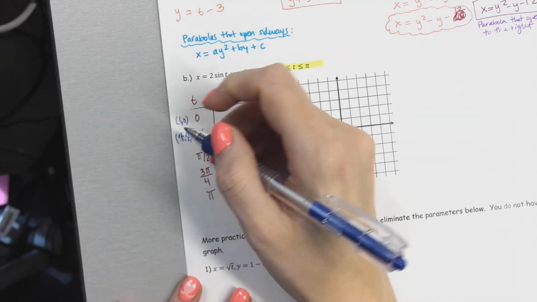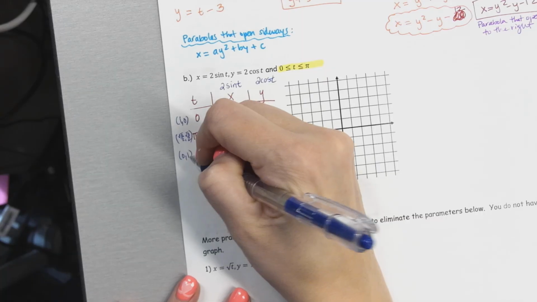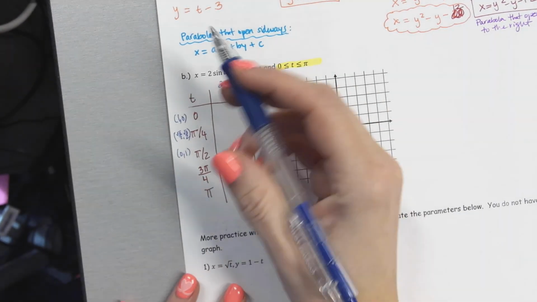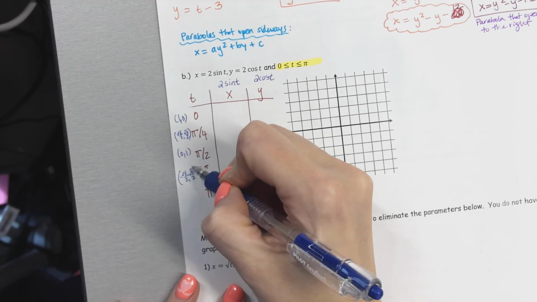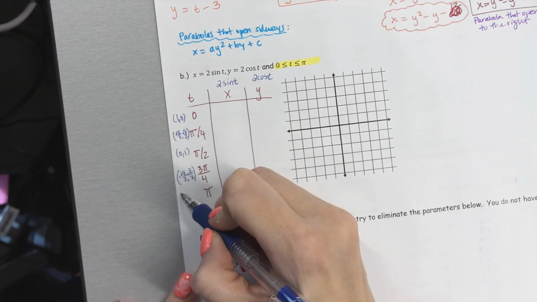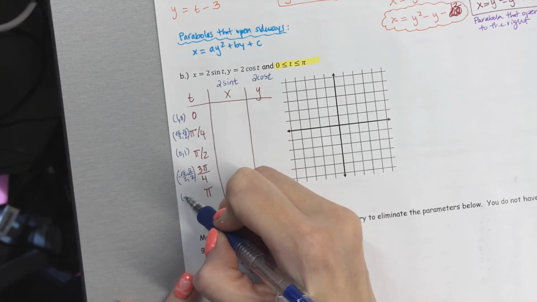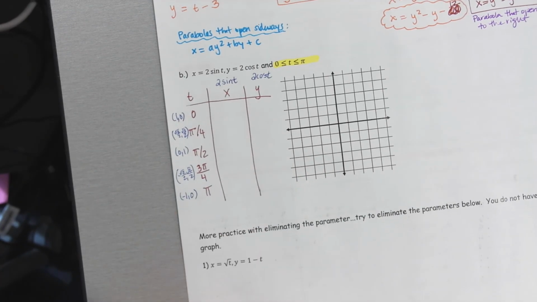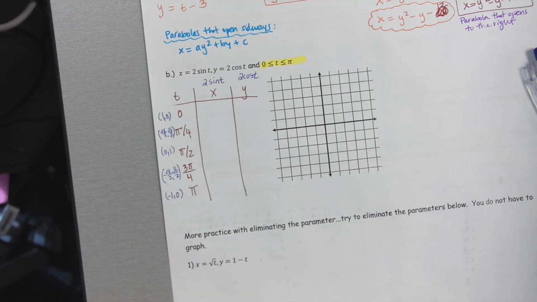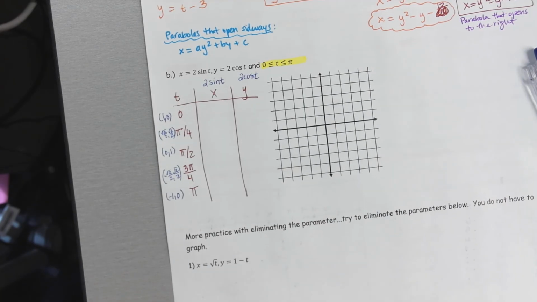Okay, at pi over 2, 0, 1. 3 pi over 4. Negative root 2 over 2, root 2 over 2. Yeah, nice. And then pi, negative 1, 0. Okay, good. So remember, x is cosine, and then y is going to be your sine.